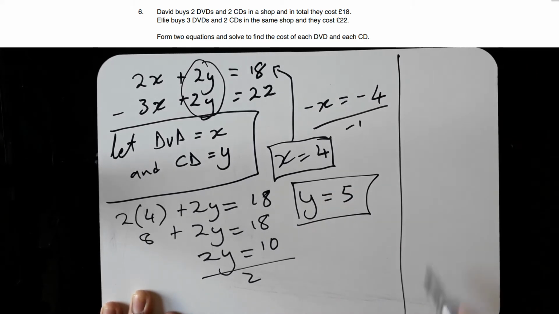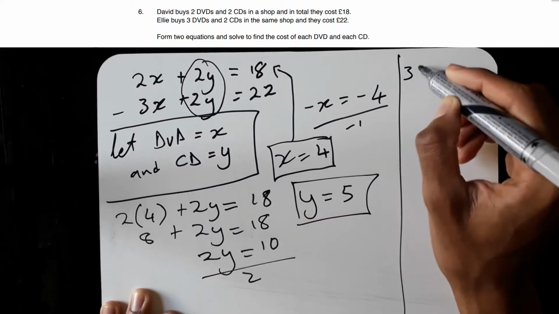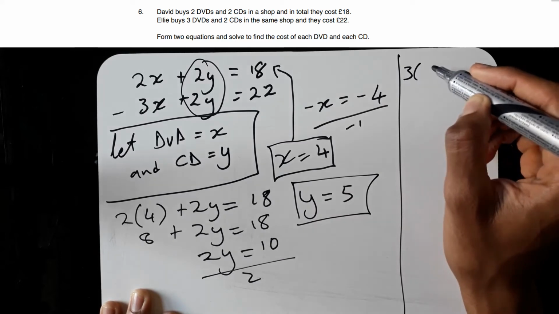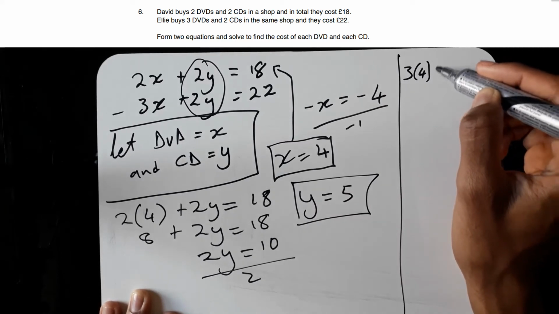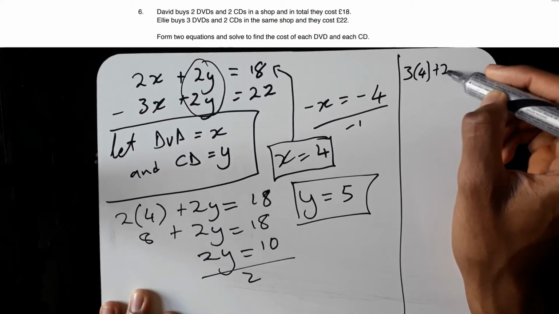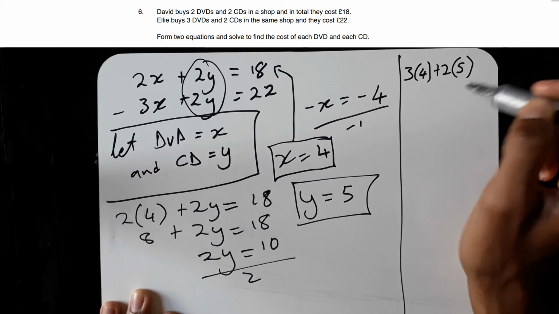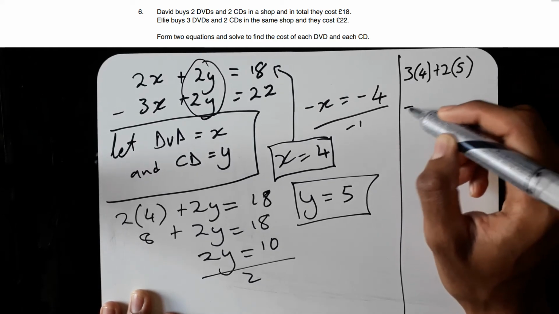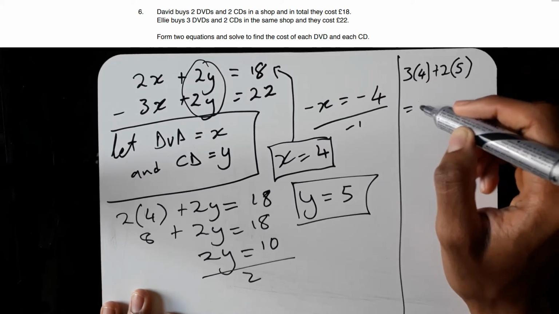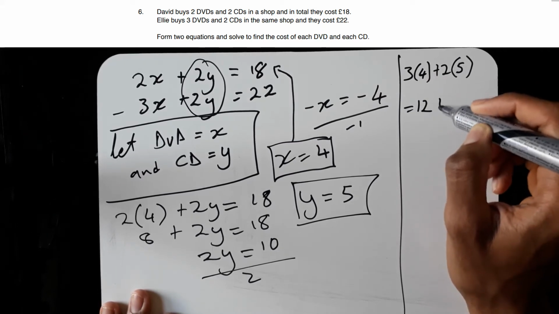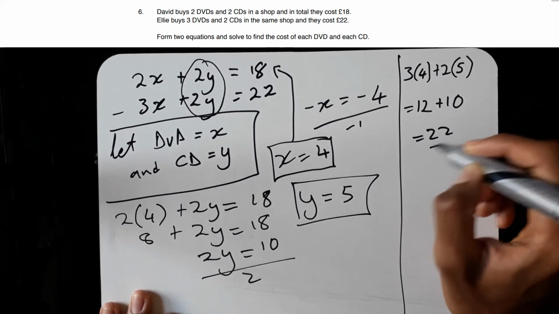And then we plug this into the second equation. It's going to be 3 open brackets 4, plus 2 open brackets 5. This should equal 22. So that's 4 times 3 is 12 plus 10, which equals 22.